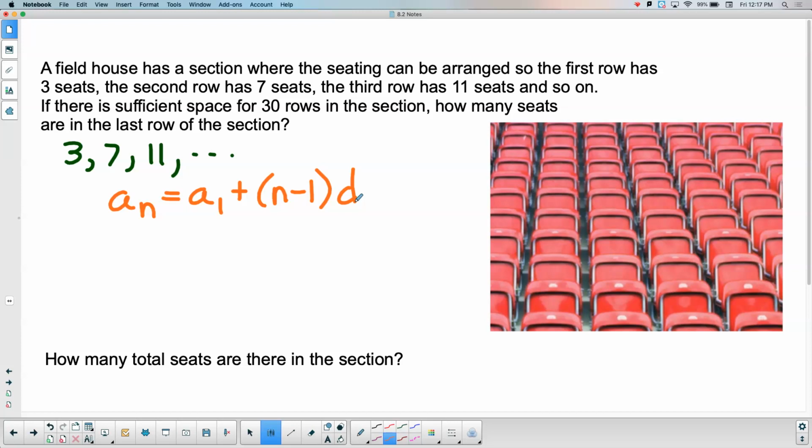Do I have enough information to find the 30th row? Yes. Okay. So what am I going to do? A sub 1 is what? 3, because it's right there. First row.